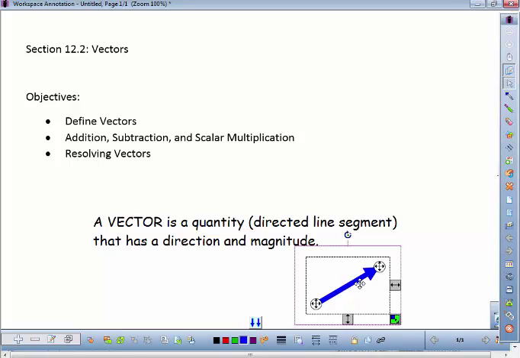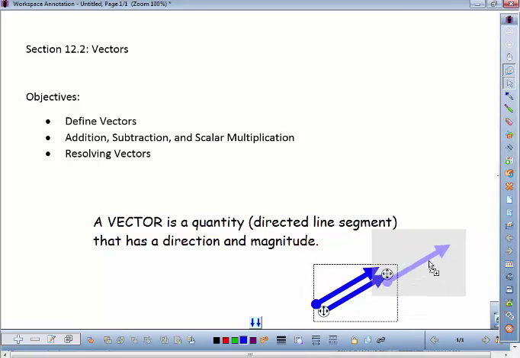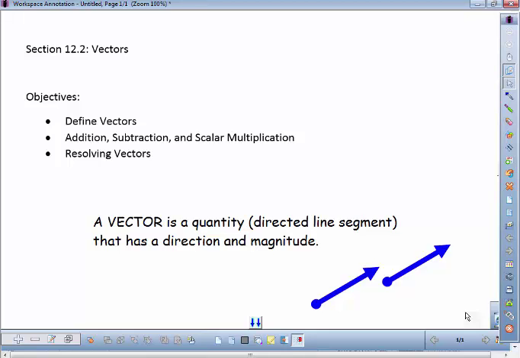What that means is that if I have another vector with the same direction and same magnitude, regardless of where it is, it should still be the same vector. So these two vectors we would consider to be exactly the same, although one of them is in a different place from the other one. Okay?